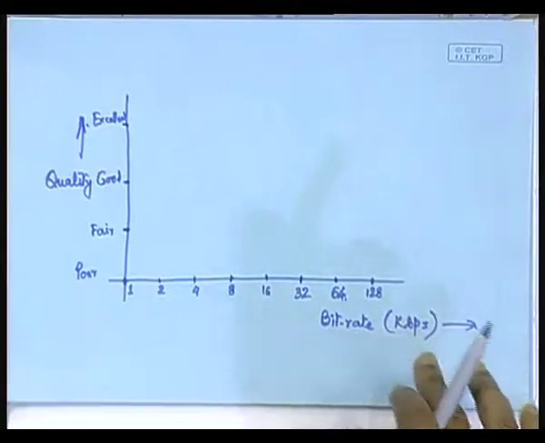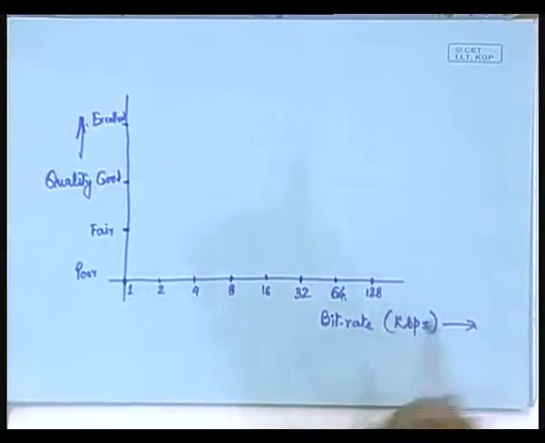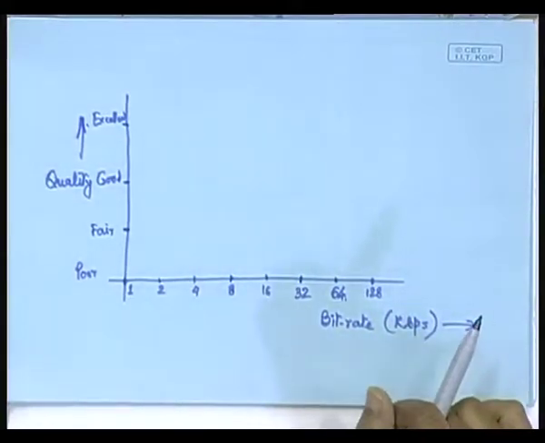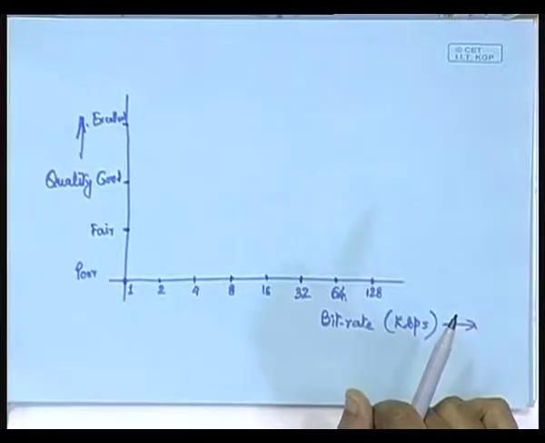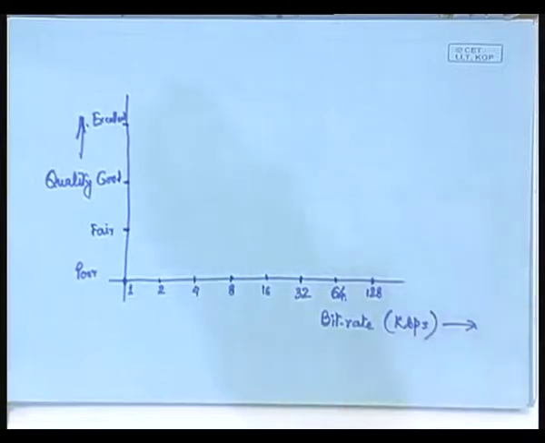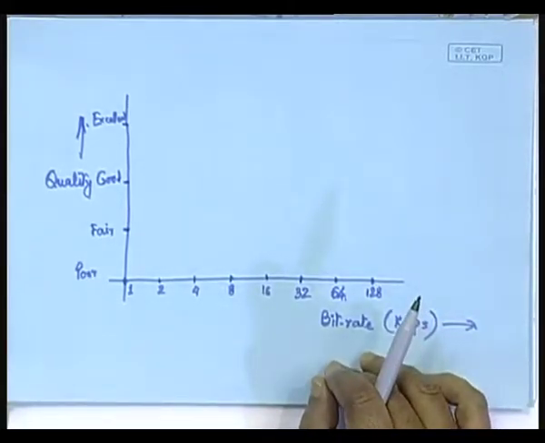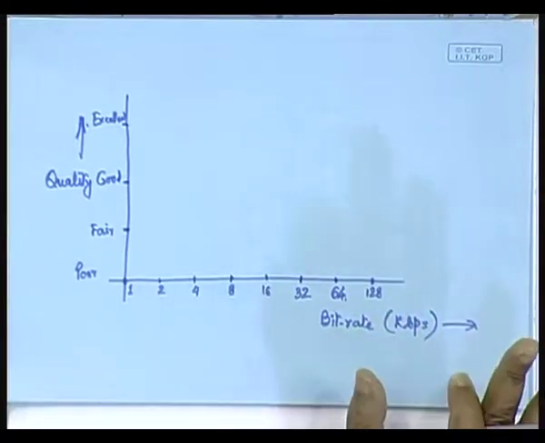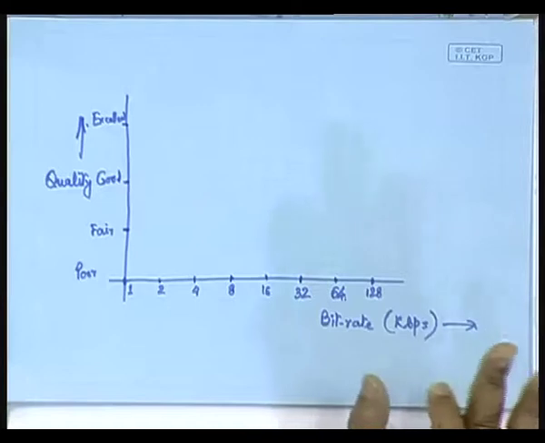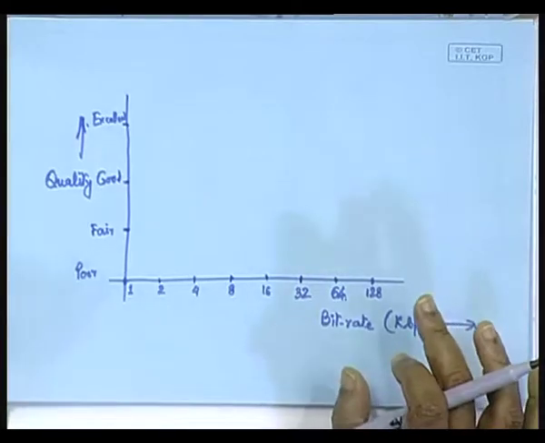In fact, going by this bit rate figure, for waveform approximating coders, one can forget about having anything at 1 kilobit per second, impossible. After 4 or 8 kilobits per second, generally the quality becomes somewhat acceptable.